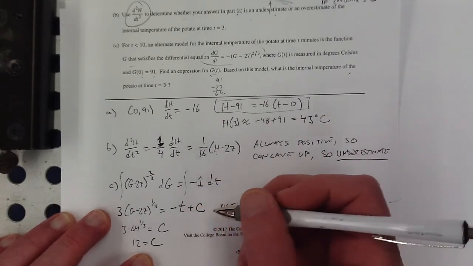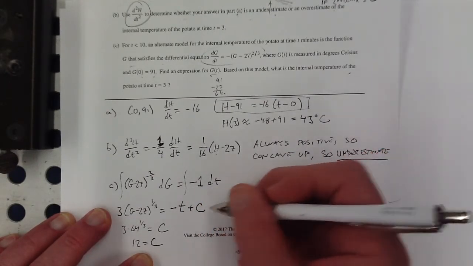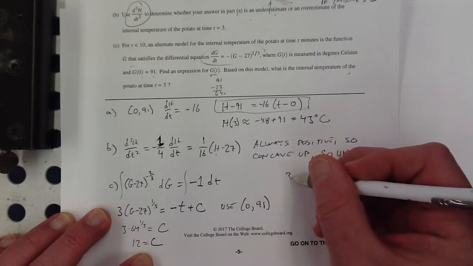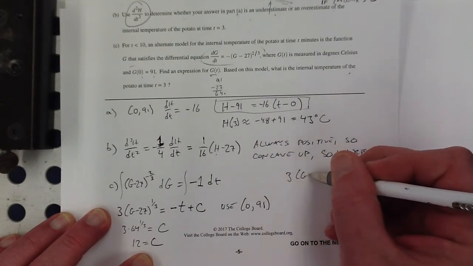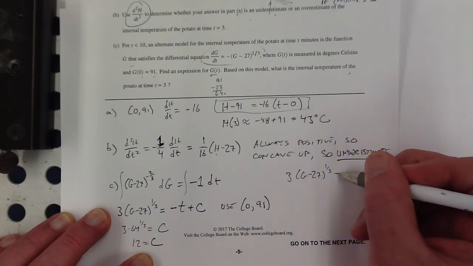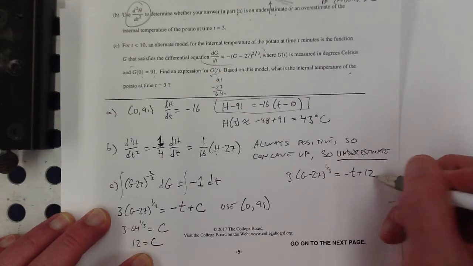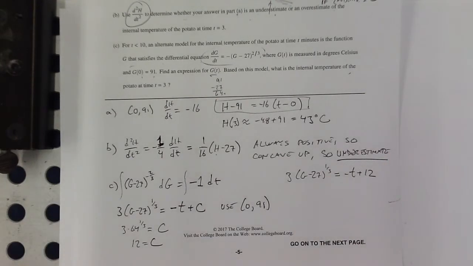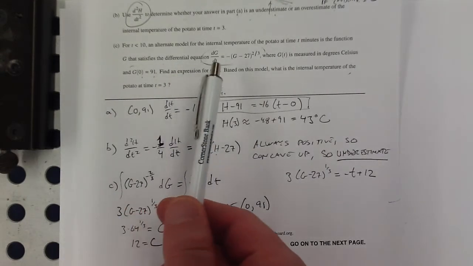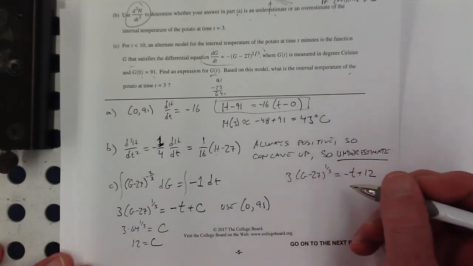And then we go back to this here. So I got my 12 now. So 3 times (g minus 27) to the 1/3 is equal to minus t plus 12. Now they want us to find an expression for g of t. That means we want to solve, like we're solving for y equals, but g is the variable of choice here.